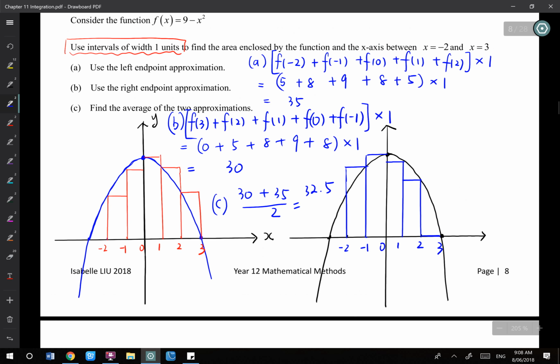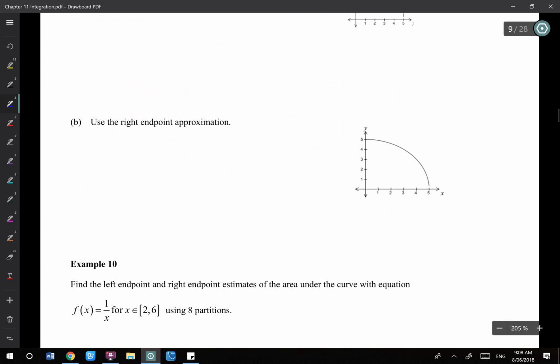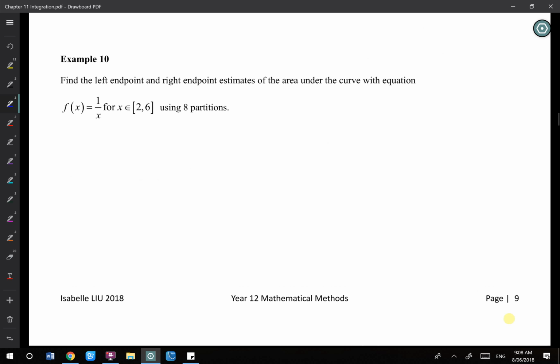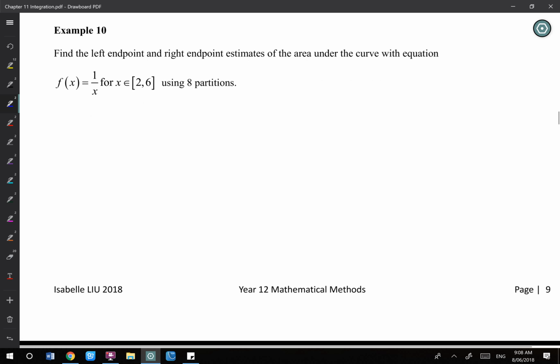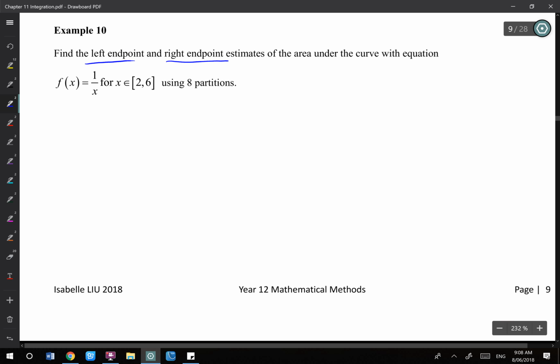When we know this, let's have a look at example 10. I don't really need you to calculate this out, but I want you to think about it. Find the left endpoint and right endpoint estimates of the area under the curve. The f(x) equation is given, and x belongs to 2 to 6.